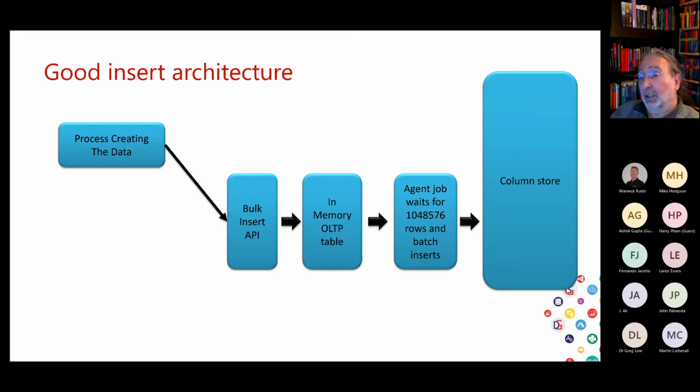And the big column store then fills up one row group at a time with the perfect number of rows in it. So that's the basic architecture.